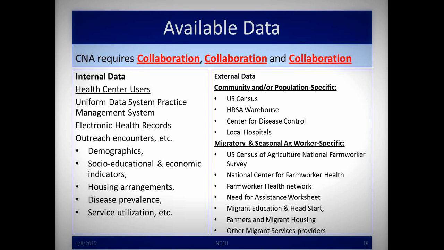Locally, look at your public housing, public education, migrant housing, migrant education, migrant Head Start, and any other social services provider that is targeting the farm worker population. You can also find population-specific information in the UDS census, in the HRSA data warehouse, as well as the Centers for Disease Control and Prevention.